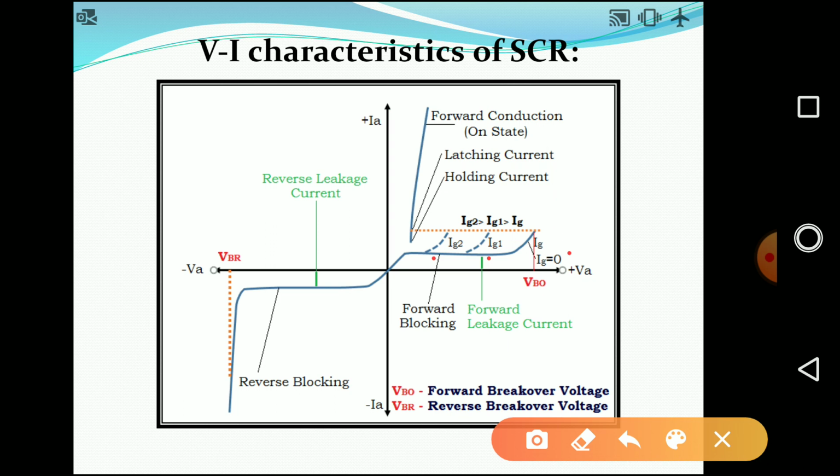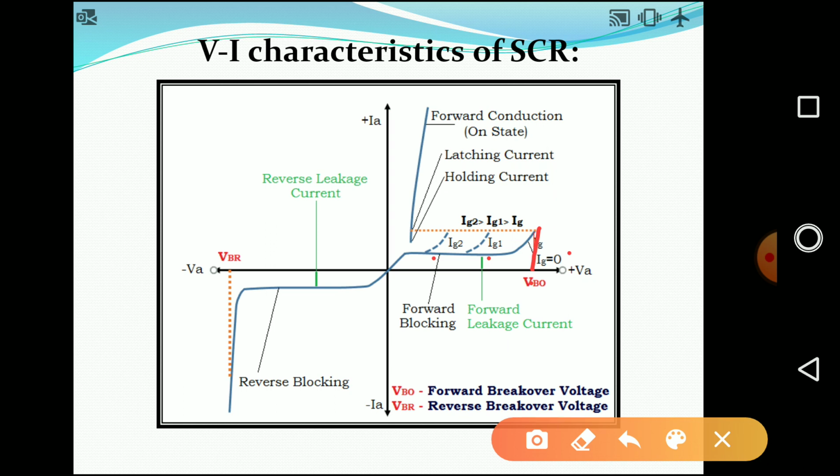It means the voltage at which SCR turns on during forward biasing. So VBO is the voltage level at which the SCR turns on and the anode current increases, with Ig open, that is, the gate terminal kept open, but it is practically not possible.